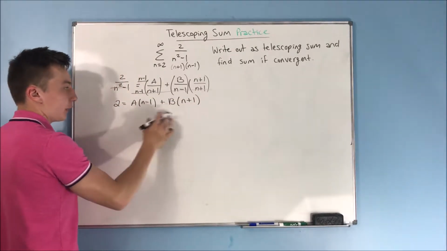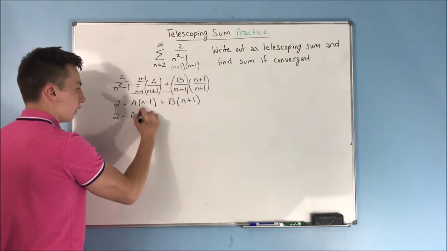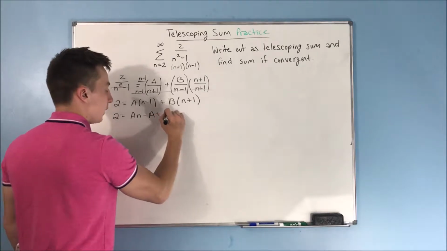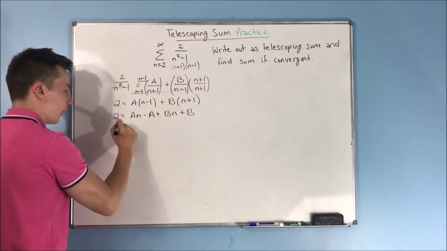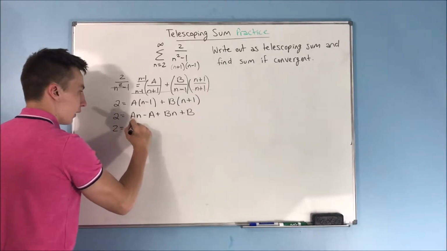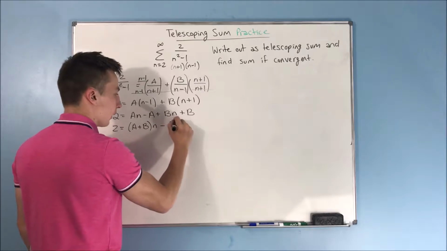We can do a little bit of distribution here. We get 2 is equal to An minus A plus Bn plus B. We can combine like terms to get 2 equals (A plus B) times n plus (negative A plus B).